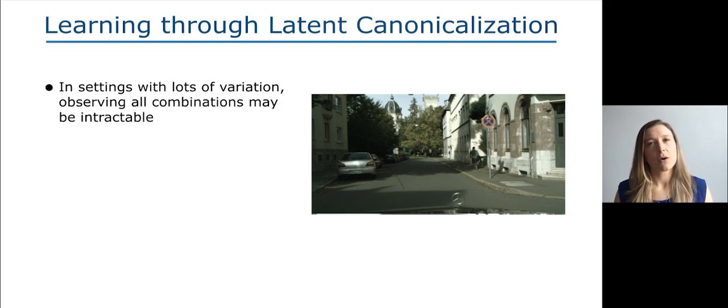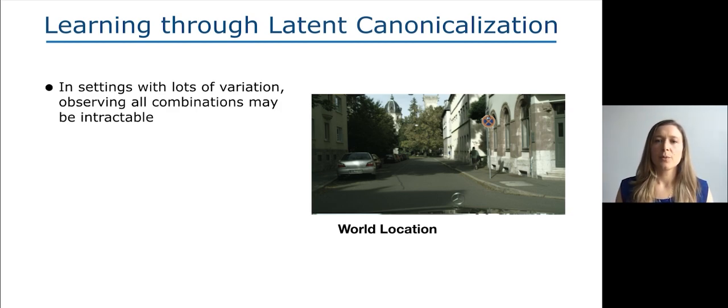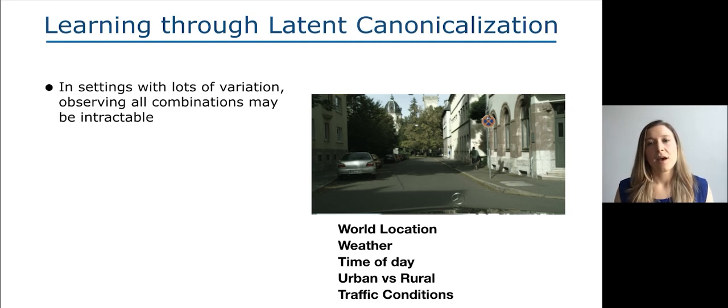And if we want to think about just a subset of the factors of variation that you might encounter in this application, you might think about where you are in the world, what the weather patterns are like that day, what time of day it is, whether or not you're in a city center or out in a rural part of the city, and what the other environmental conditions on the road are, whether or not there are pedestrians in the scene, whether or not there are other cars in the scene, whether or not there was an accident. The list goes on and on.